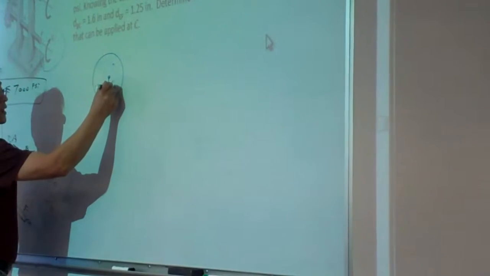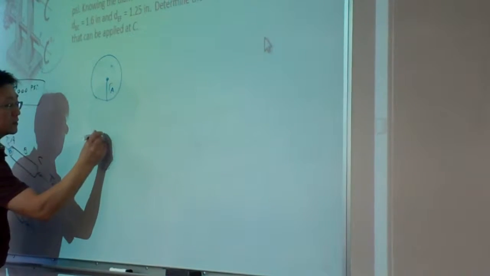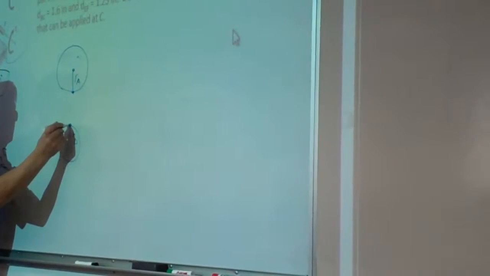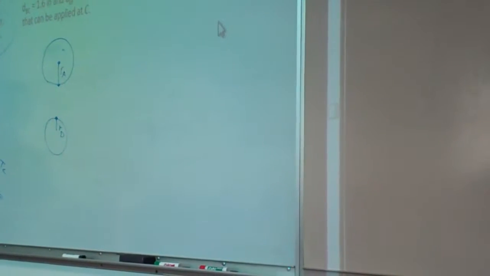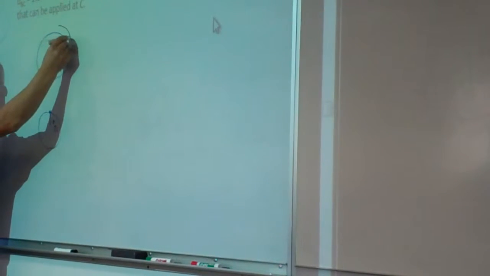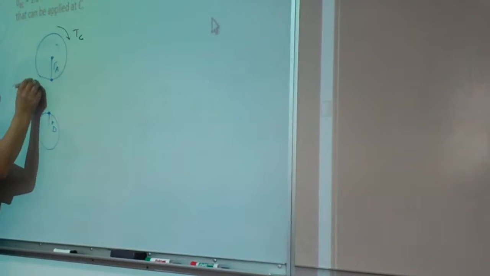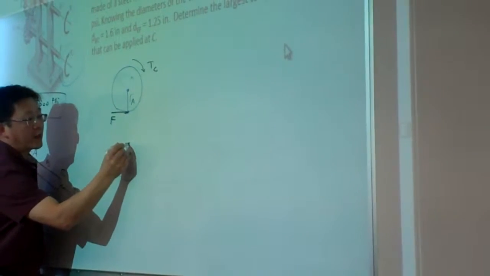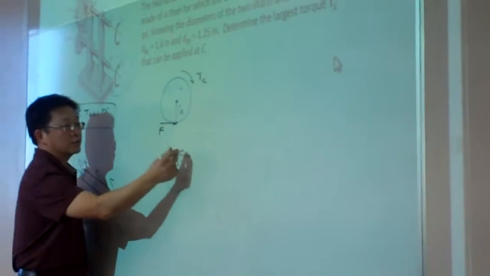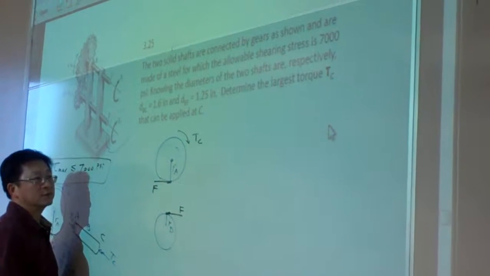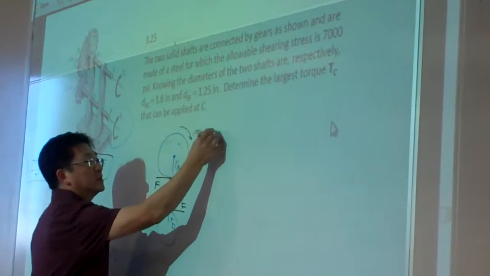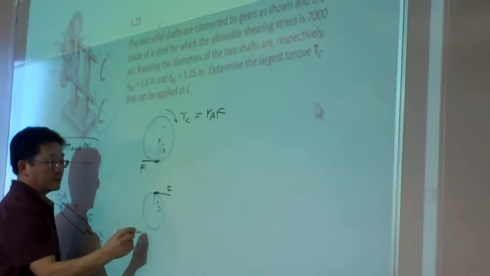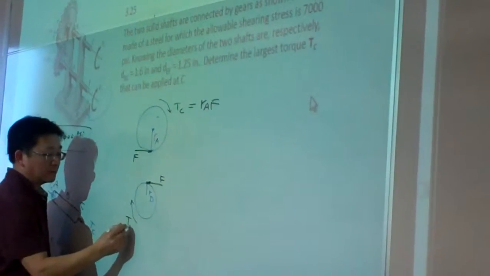So this is RA, and here this is RD, and this is the contact point. So this is TC, and this is the contact force. The contact force at the contact point is action and reaction, so the same magnitude but opposite directions. Okay, so for this case, TC equals RA times F. And here, for this case, this is TD.